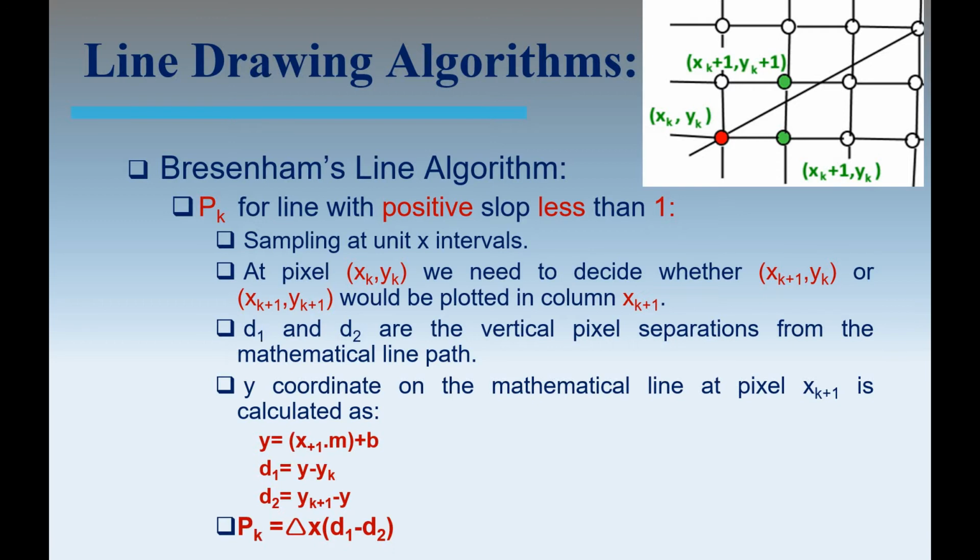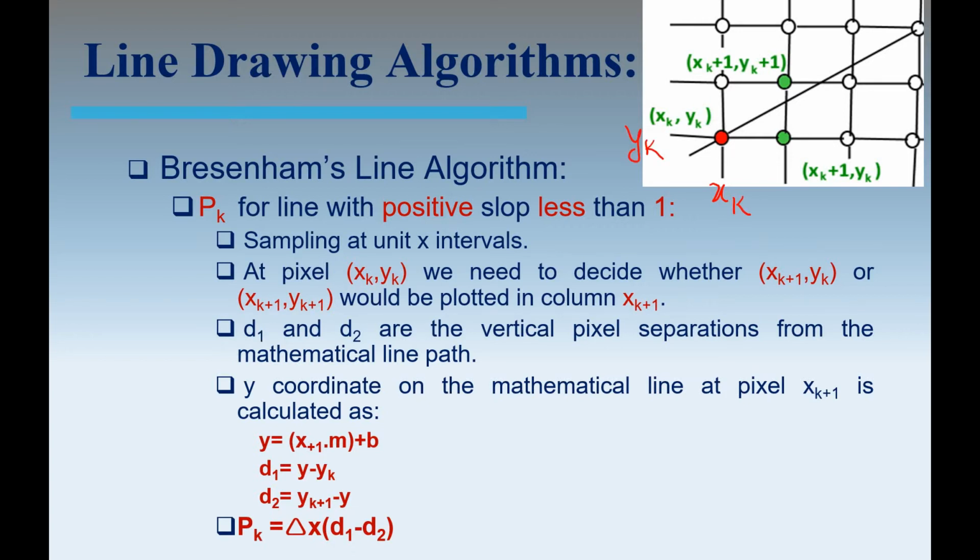Okay, so here is an example. pk, this decision parameter, for a line with positive slope less than 1. As you can see, sampling is taken at unit x intervals. At pixel xk, yk, we need to decide whether xk plus 1, yk, or xk plus 1, yk plus 1 will be plotted in column xk plus 1. Suppose this line is your xk line and this is your yk line.